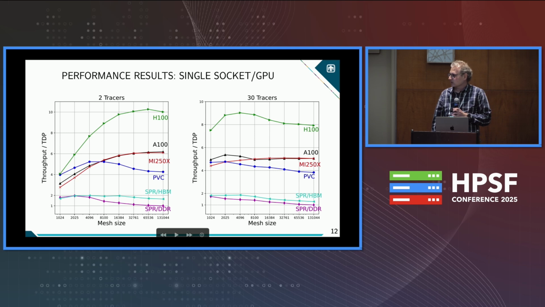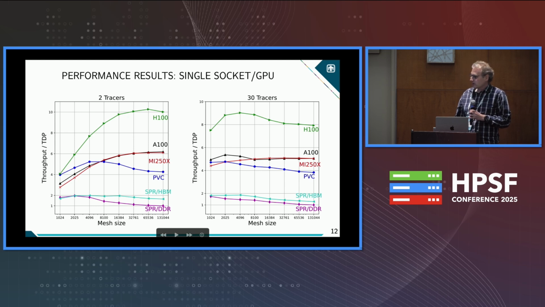And overall, we see about 2.5 to 5x efficiency gain on GPUs. And what was a little bit surprising to me is that we see this efficiency gain even for the smallest mesh here, which only has 1,000 cells.